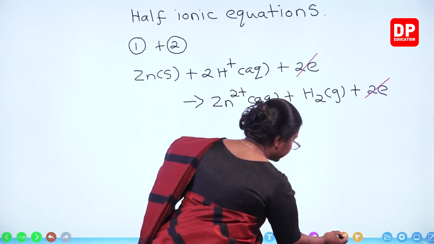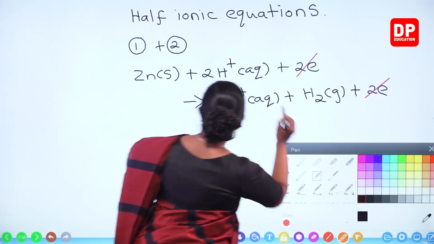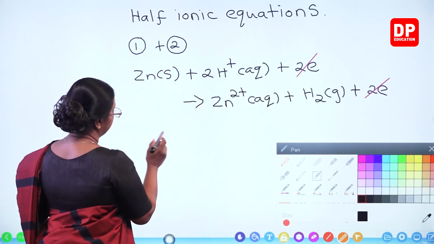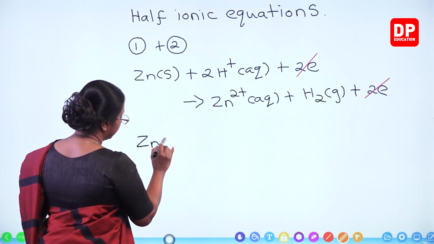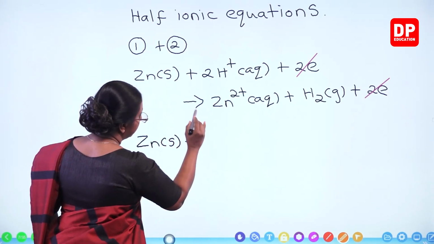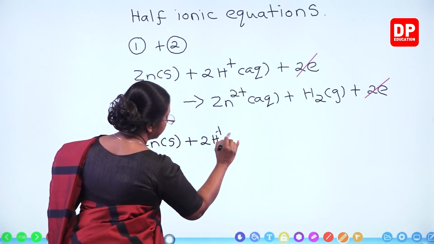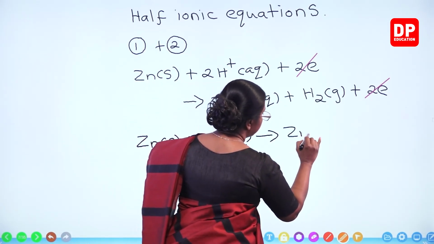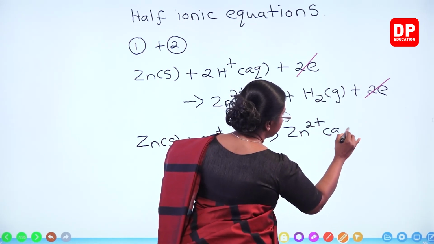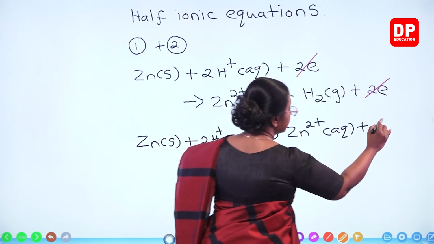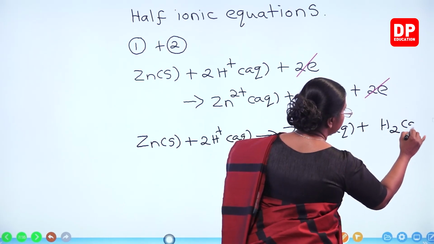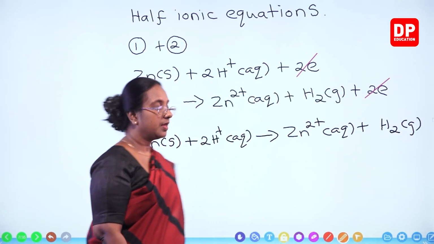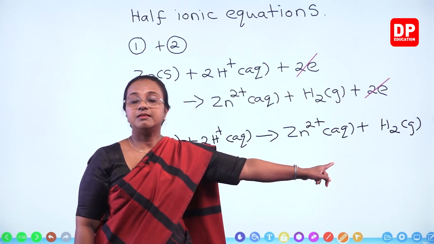And when you cancel them off, and write the remaining equation, you will get zinc solid plus 2H plus aqueous, giving rise to zinc 2 plus aqueous plus H2 gas. That is the reaction.